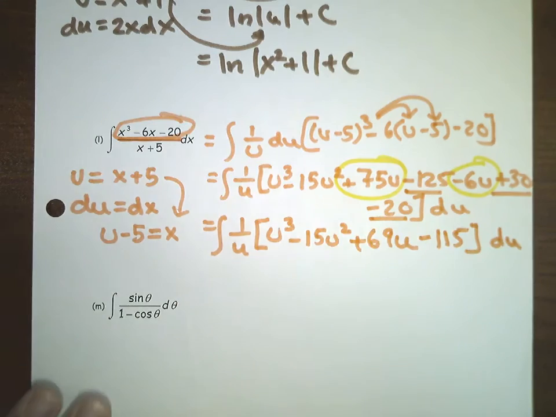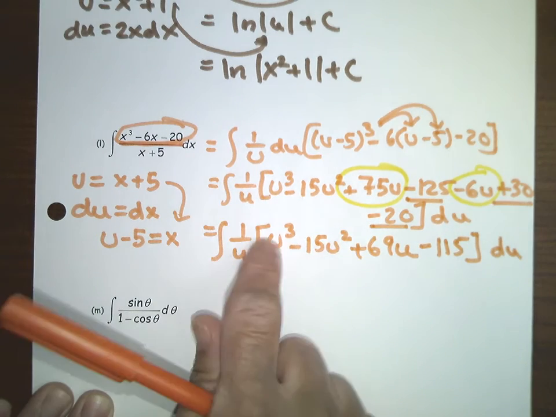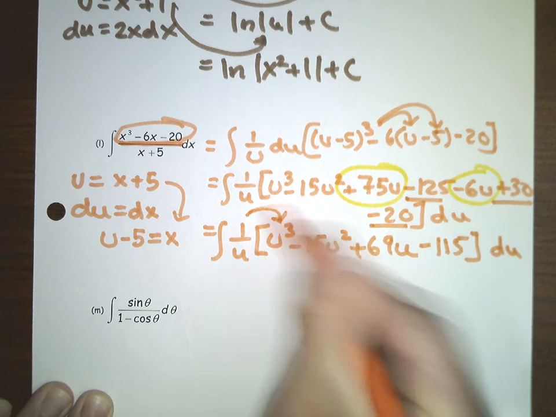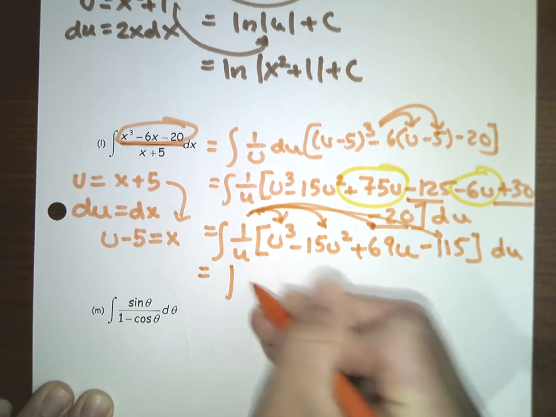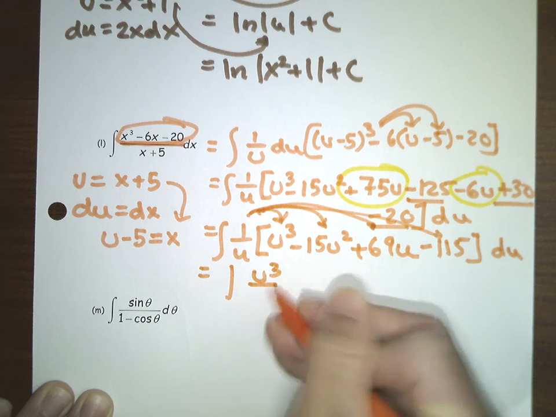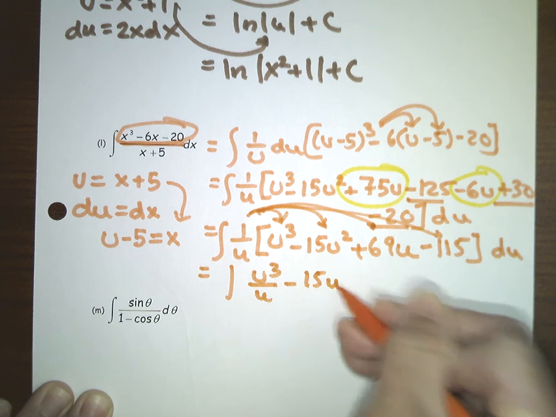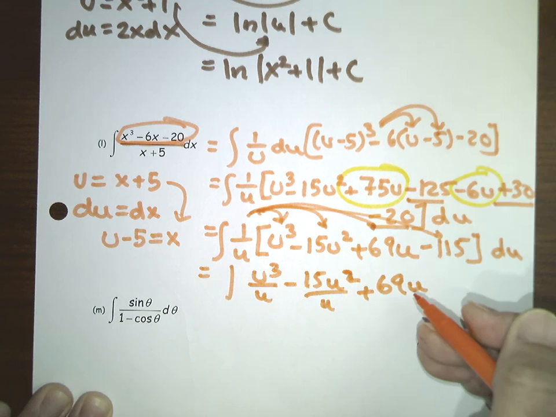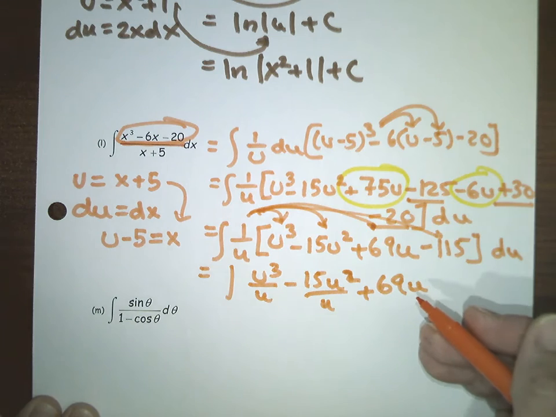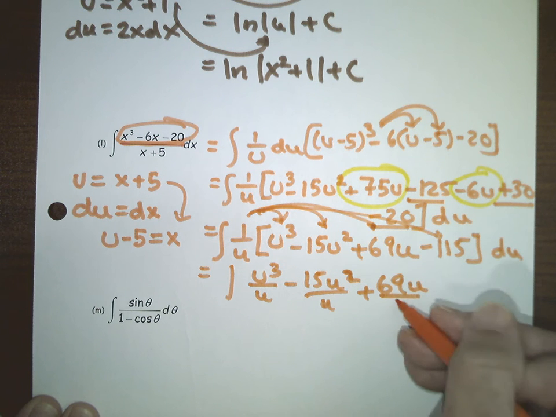And then what I will do is I will just go ahead and distribute this, distribute this, distribute this. So I have integral of u to the third over u minus 15u squared over u plus 69u over u.